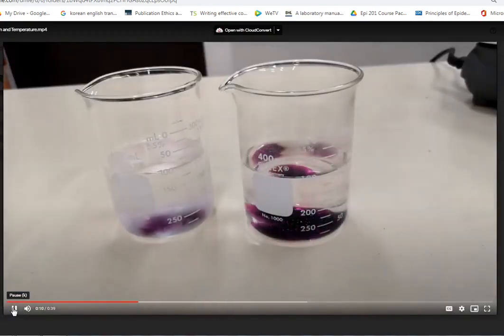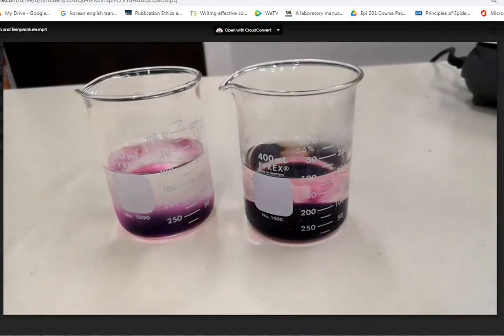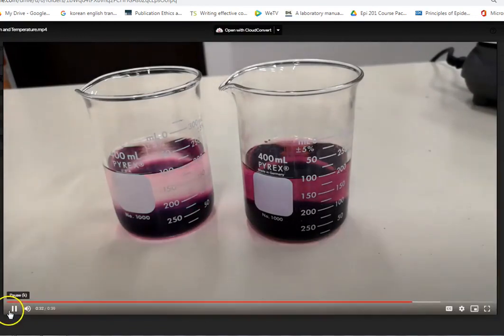So this is now a time-lapse video. Can you guess which beaker contains the cold water and which beaker contains the hot water? So after 30 minutes, we observe the changes in the distribution of potassium permanganate, and then we record our observation.